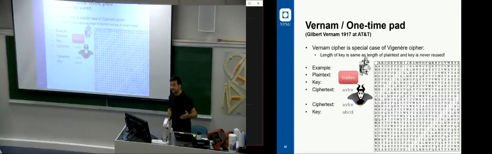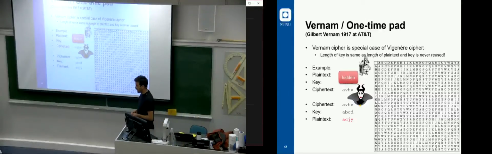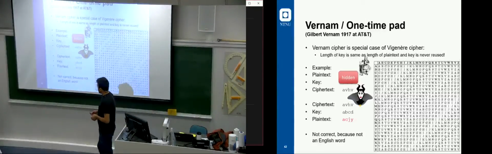She has seen the ciphertext, and because she also has the table, she will try ABCD, a random key. She will get the plaintext ACJY, which has no meaning, so it cannot be the key.